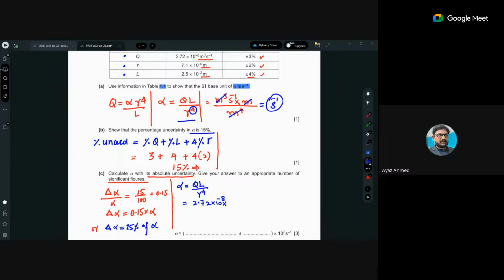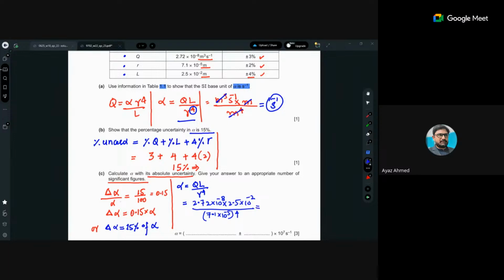Then L is 2.5 exponent minus 2, and divided by r. R is 7.1 into 10 power minus 5. This all would have a power 4.